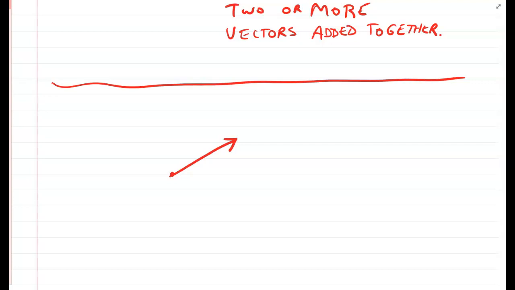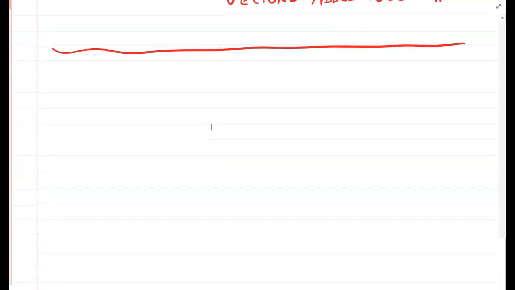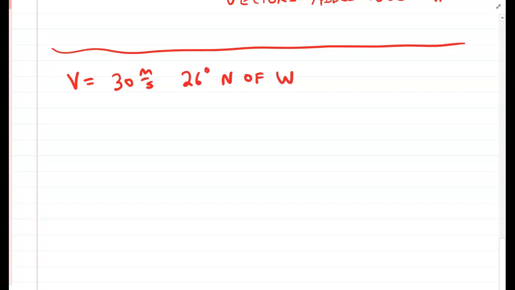And if you're given information about angle, you want to make sure that you include that angle, whatever it might be. So suppose I told you that we had a velocity vector. Let's suppose velocity was 30 meters per second, 26 degrees north of west.